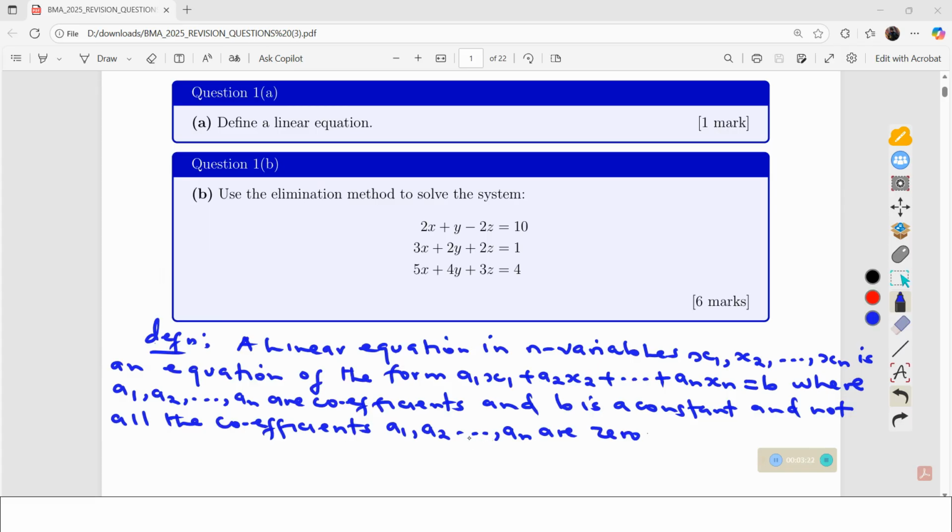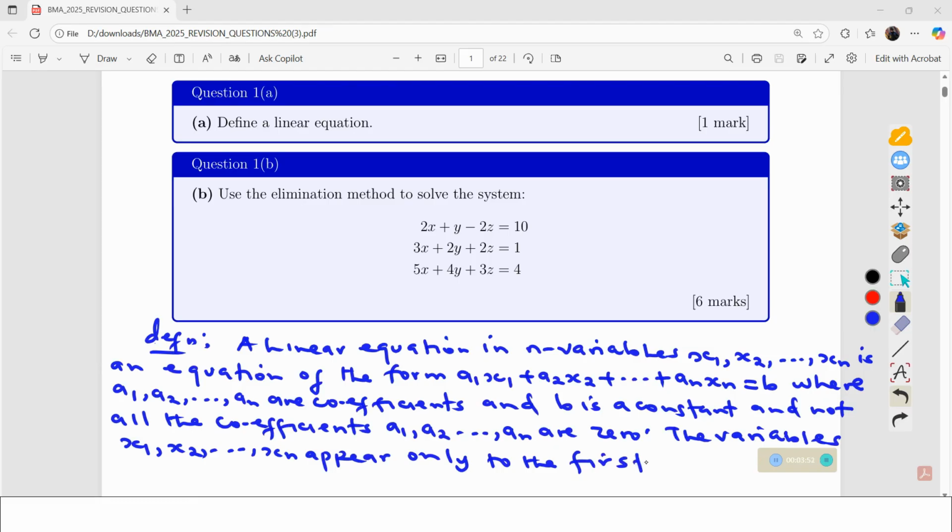And basically we shall also be saying that the variables x1, x2 up to xn appear only to the first power. So in general, a linear equation is simply an algebraic equation where each variable is raised to the power of 1.